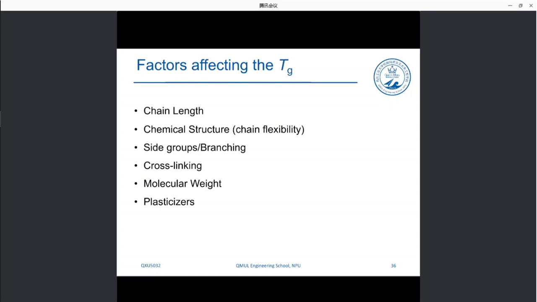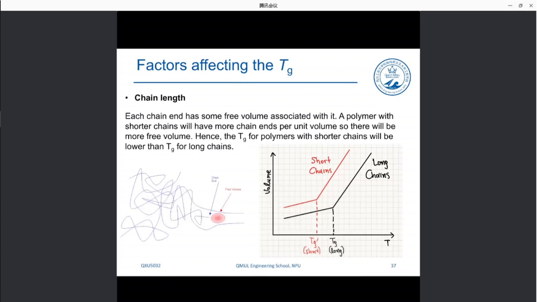And that has to do with the chain length, the chemical structure, the side groups, the cross-linking, the molecular weight, and the plasticizer. So as you can realize, there are quite a few individual factors that can affect the glass transition temperature. So let's see them one by one.